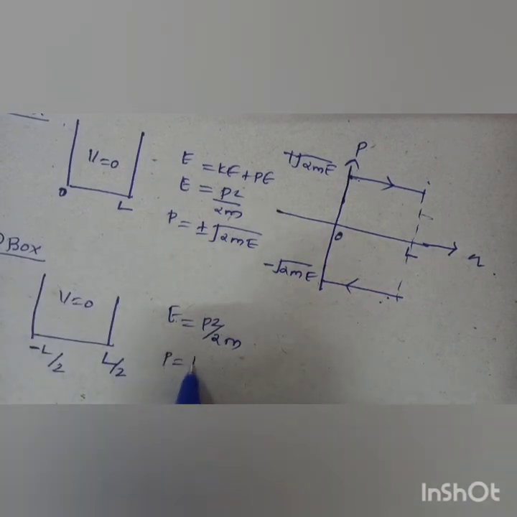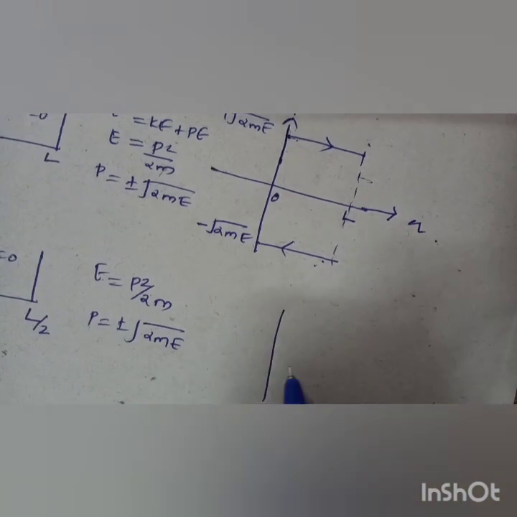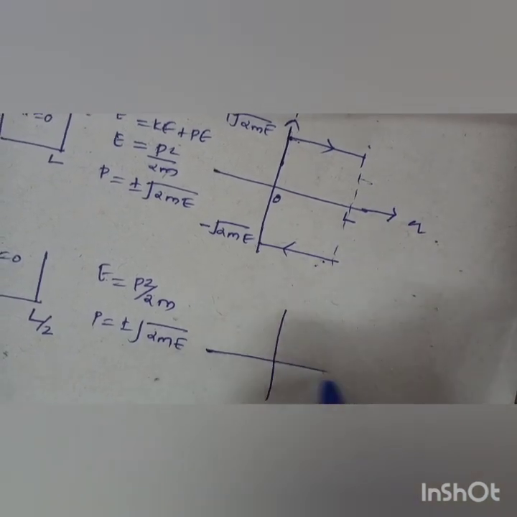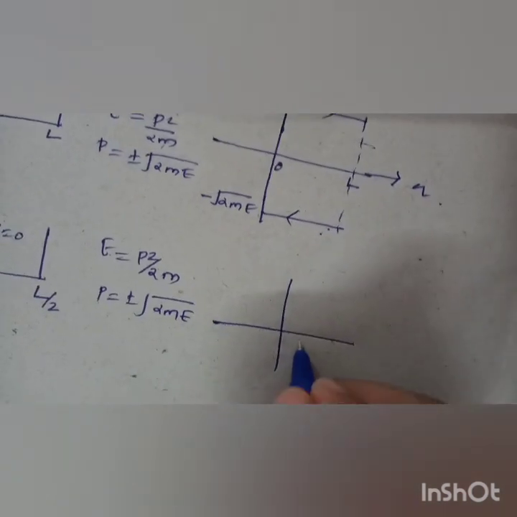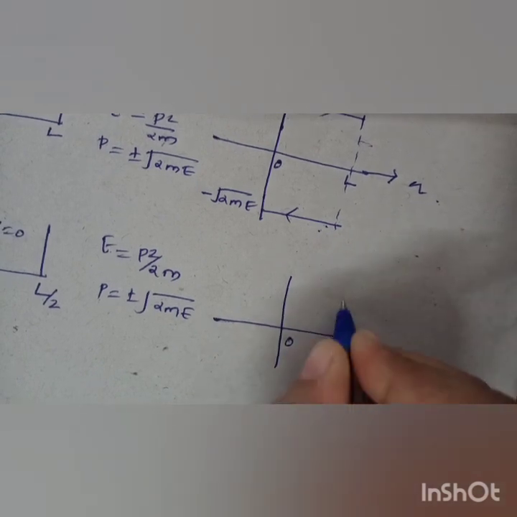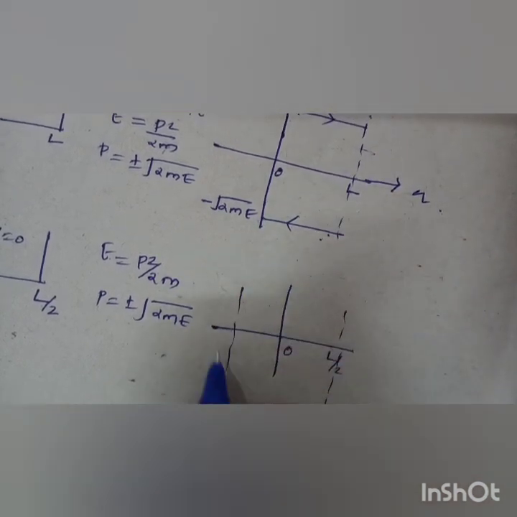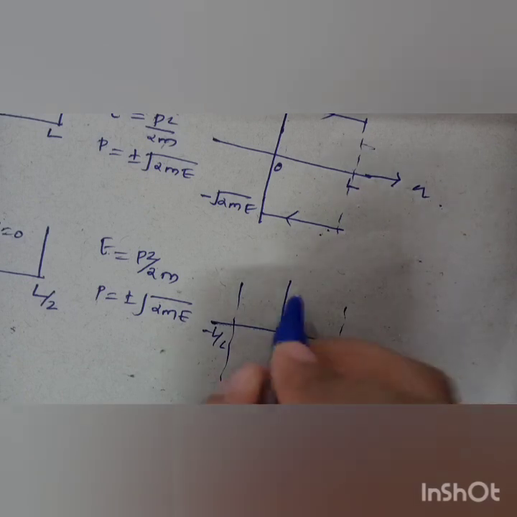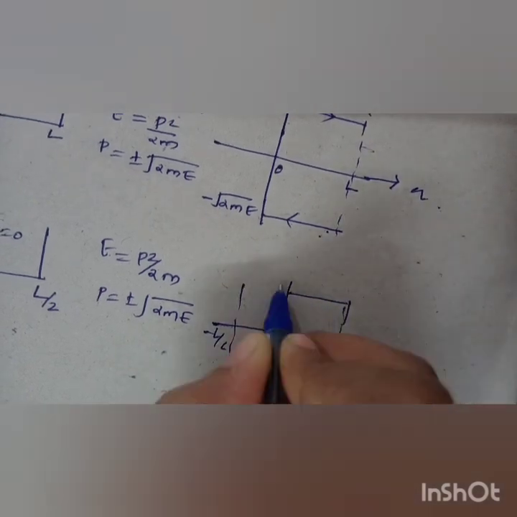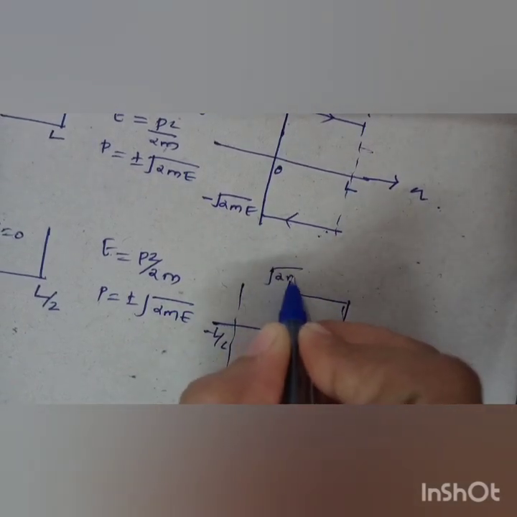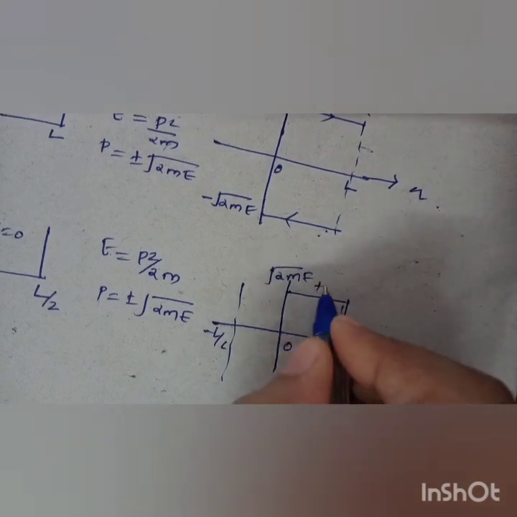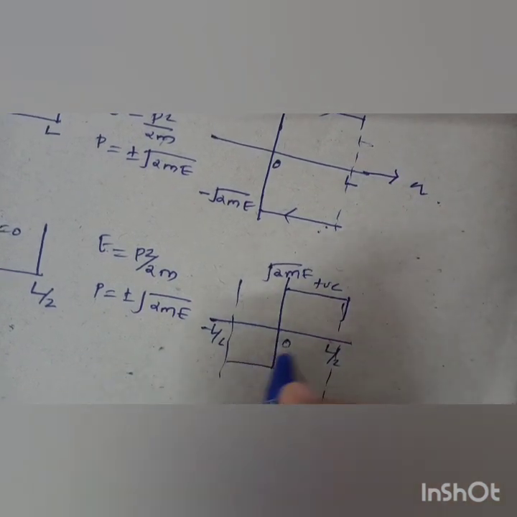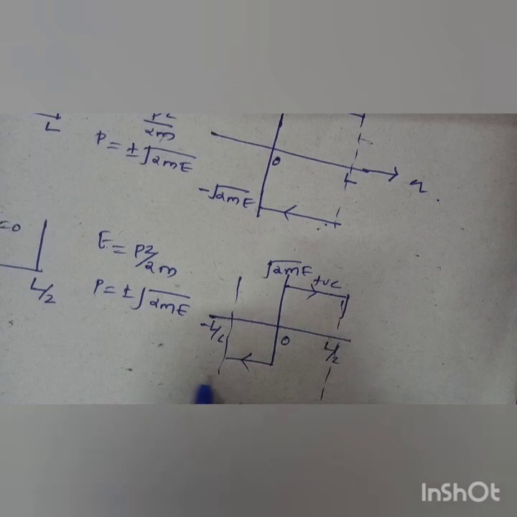So p is equal to plus or minus under root 2mE, but the position range changes: it runs from minus L by 2 to plus L by 2, with the positive under root 2mE line and the negative under root 2mE line.